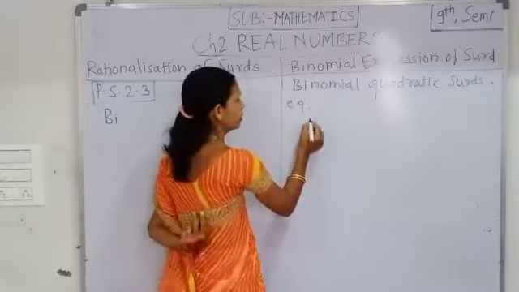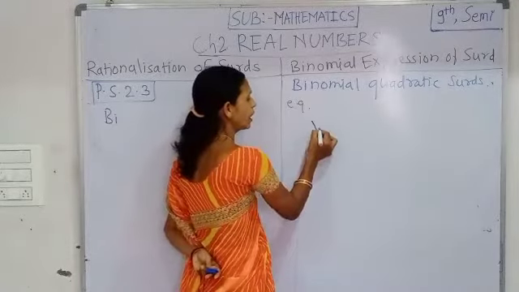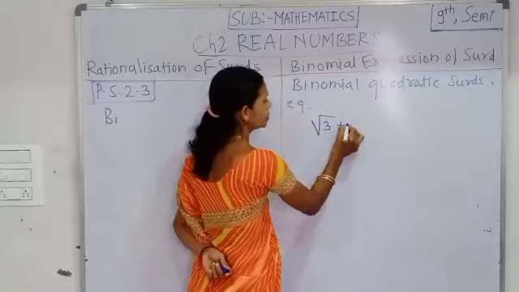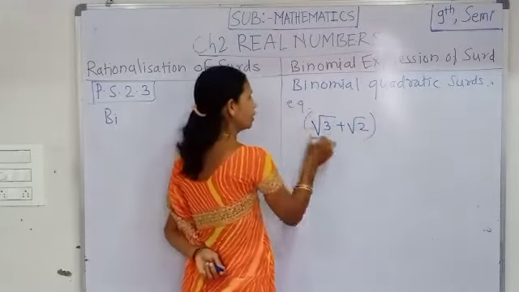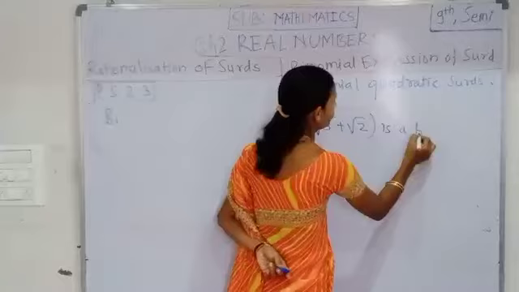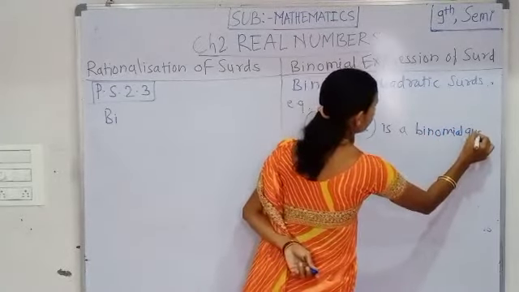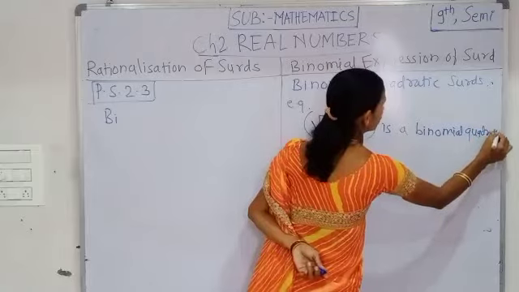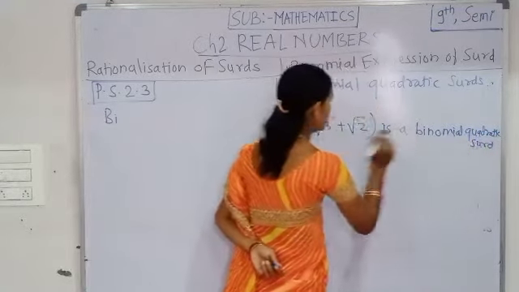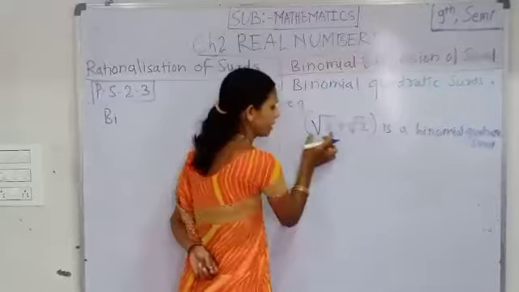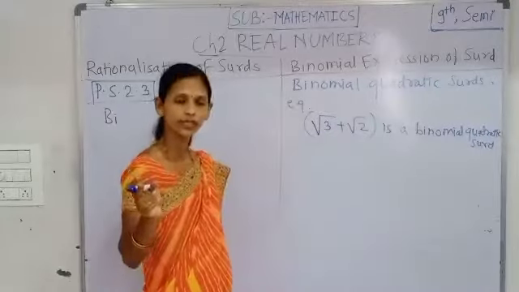Then see here, a few surds are given like this. Root 3 plus root 2, it is a binomial quadratic surd. See here, in this, two terms are there, like binomials.